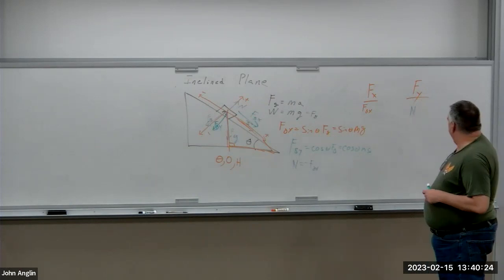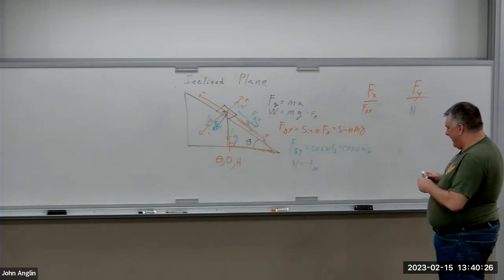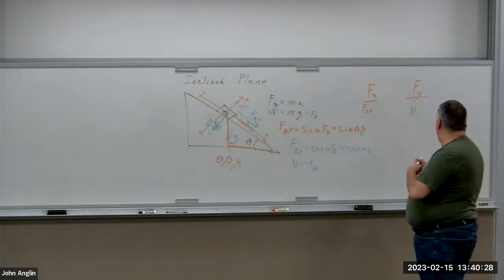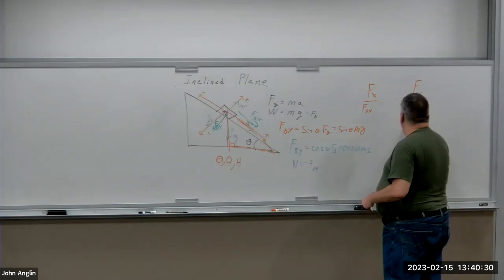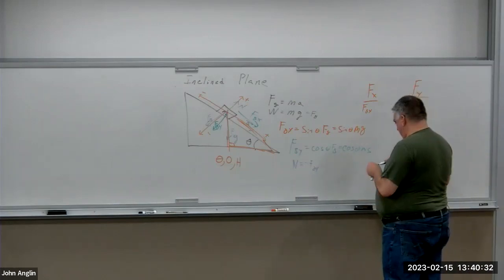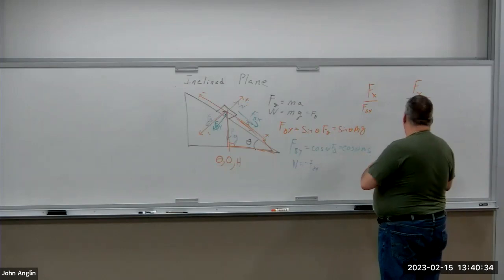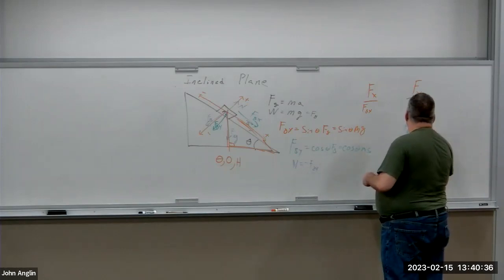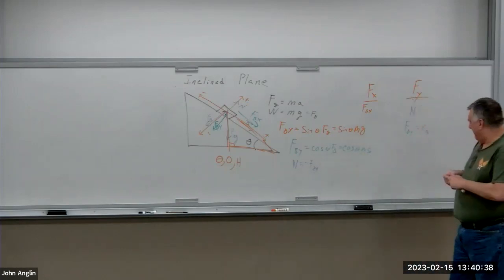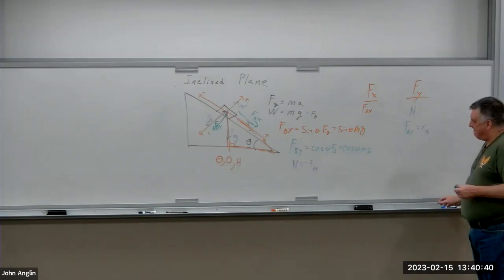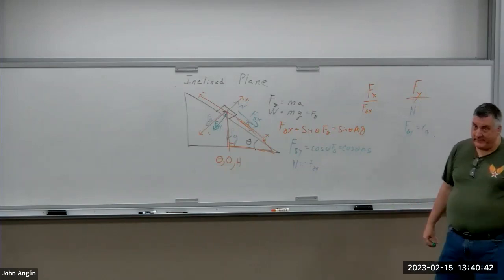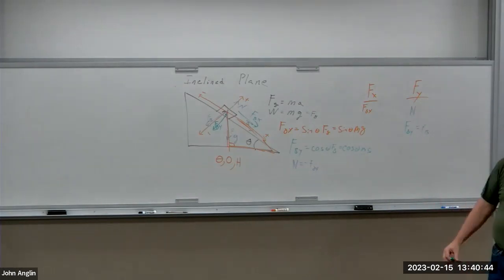In my Y direction, I have the normal force. And I have FG sub Y, which is just something I call the box force. That's it. That's all of the forces that are acting on this box.